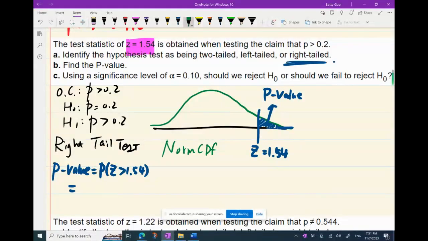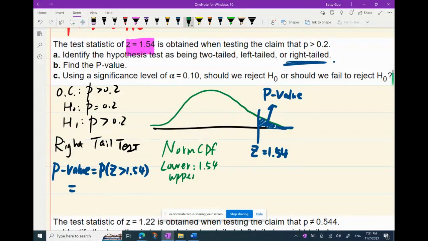Look at the shaded blue region. We always look at it from left to right. The region is bounded from the left by 1.54. So your lower is 1.54.